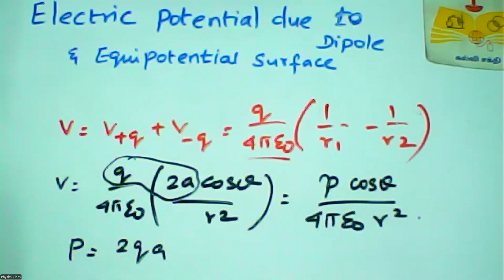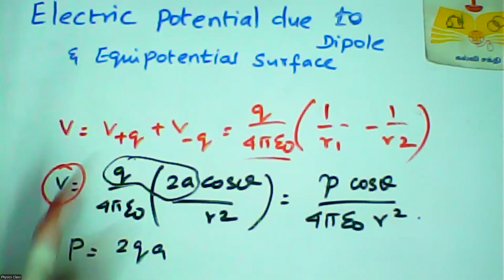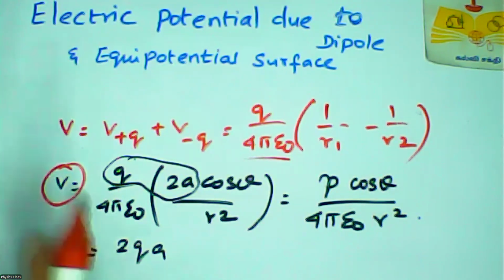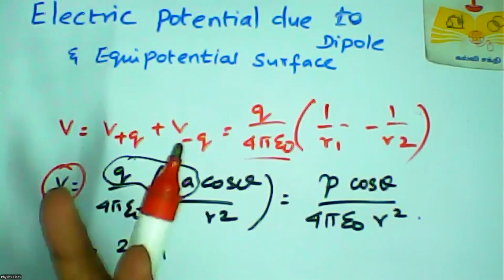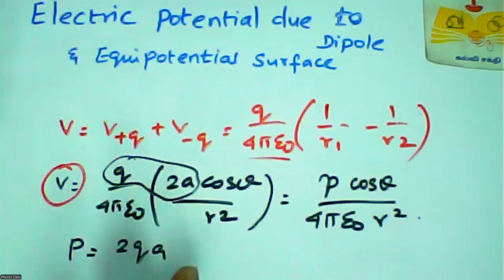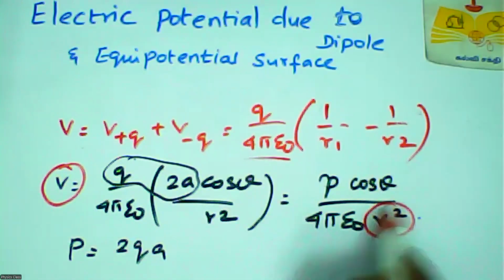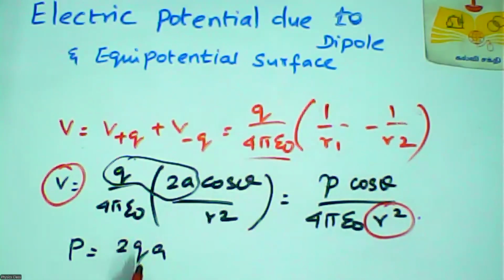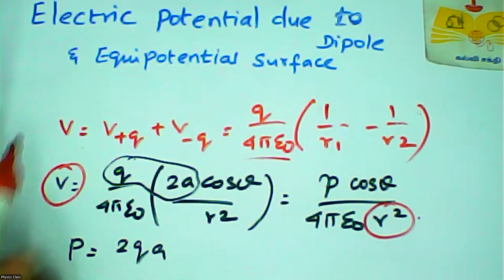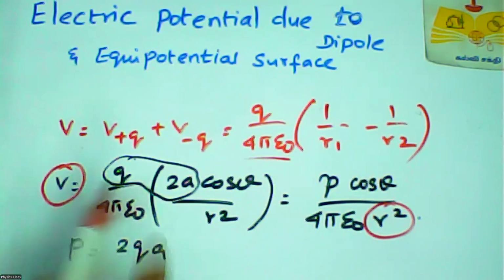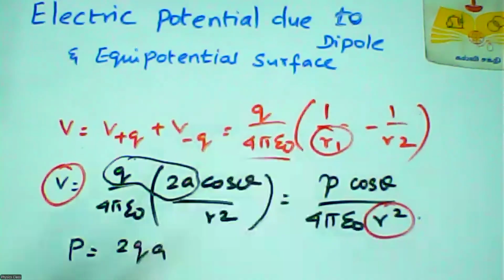Here you can note one very, very important point. This is the total potential for the electric dipole, so there are two equal and opposite charges. Here you can see 1 by R square. But for a single point charge, it is 1 by R only.